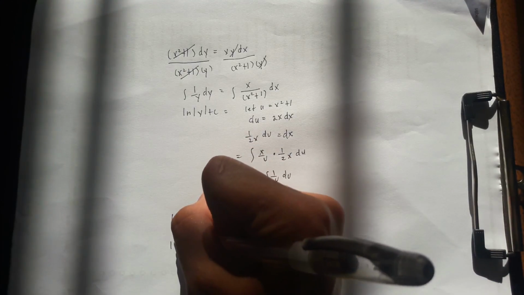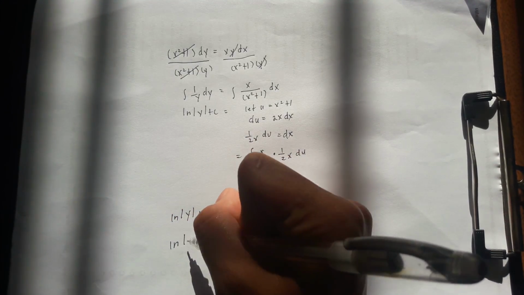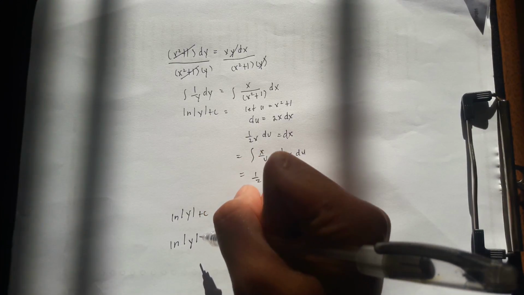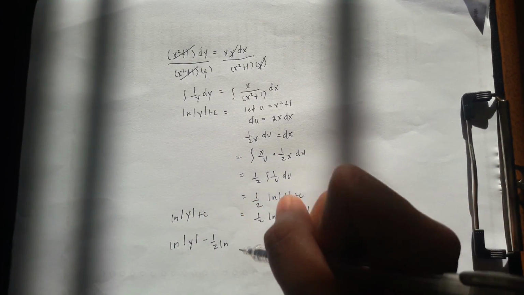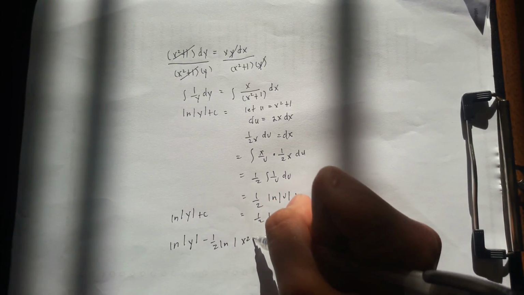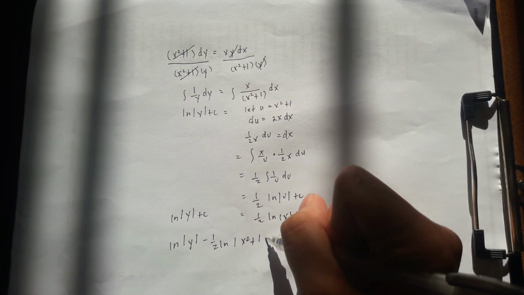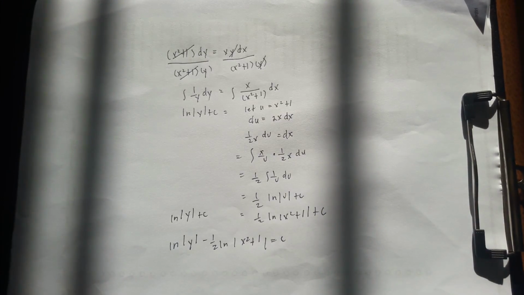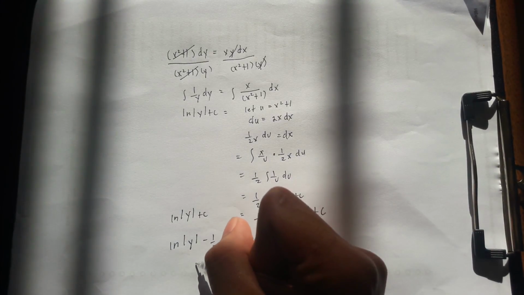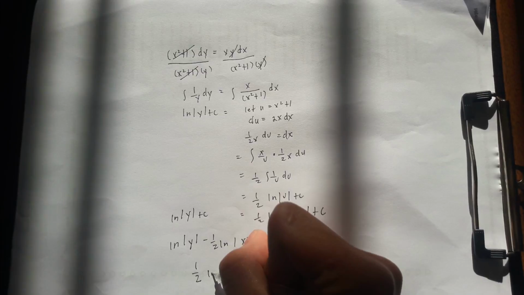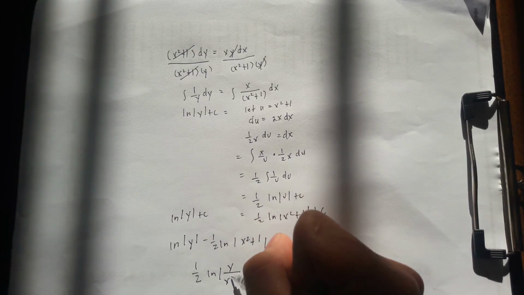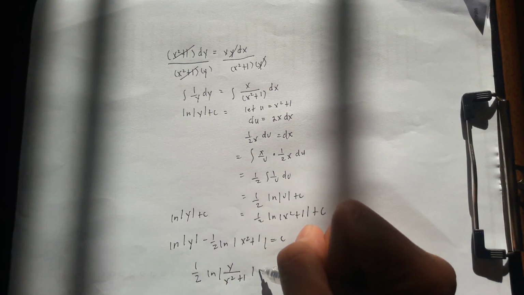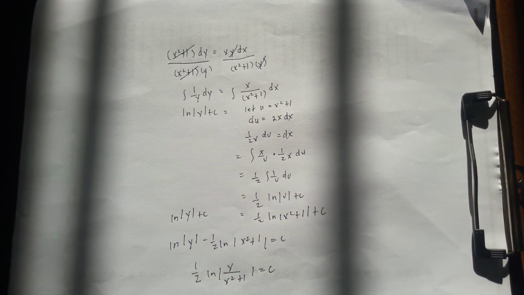Simplifying the whole equation, it will become the natural logarithm of the absolute value of y minus 1/2 times the natural logarithm of the absolute value of x squared plus 1 plus c is equal to 0. By simplifying it further, it will become 1/2 times the natural logarithm of the absolute value of y over x squared plus 1 plus c is equal to 0.